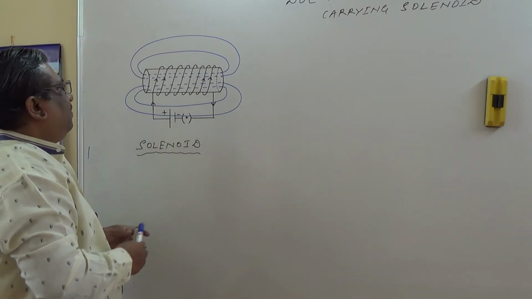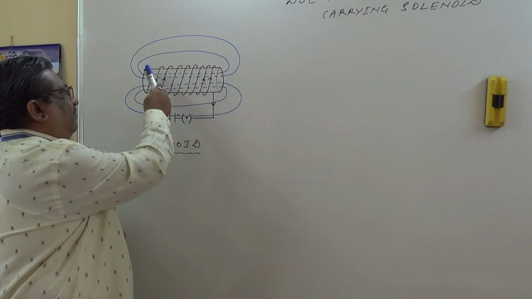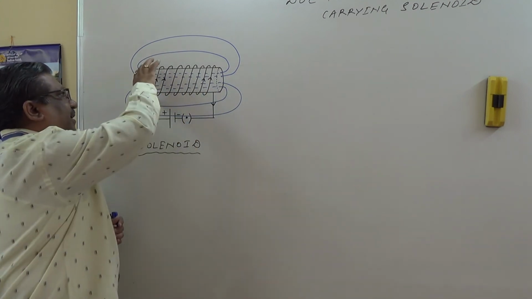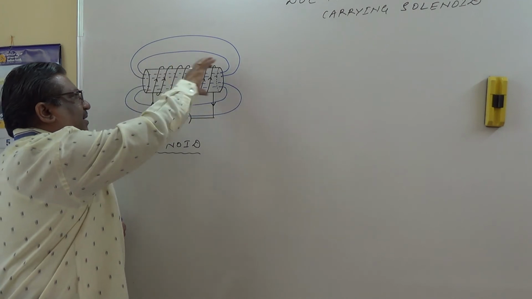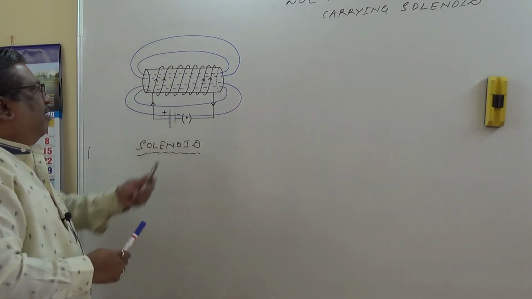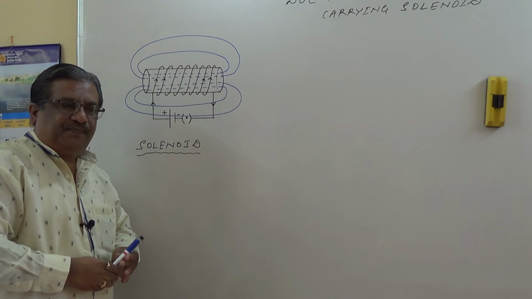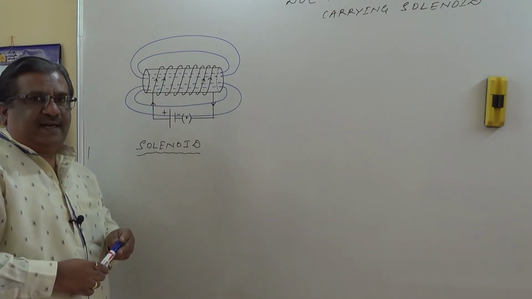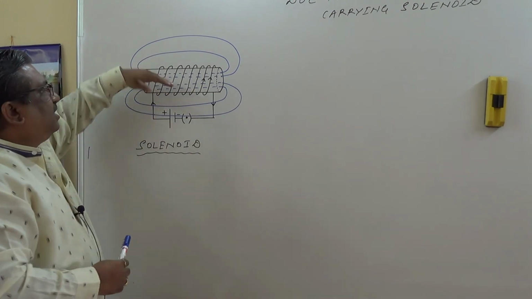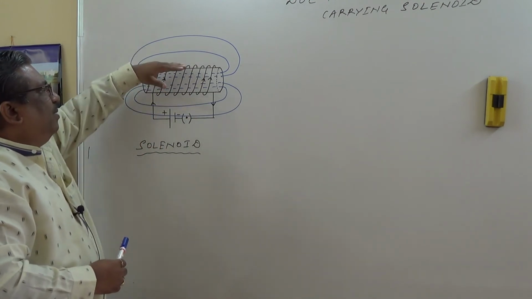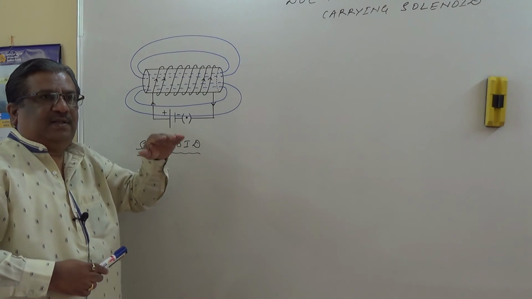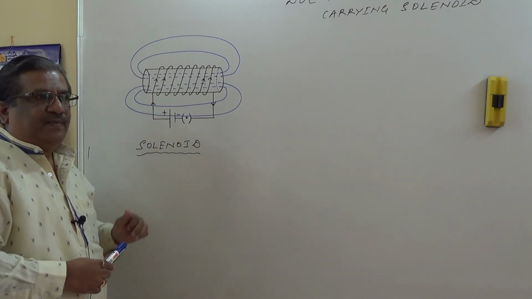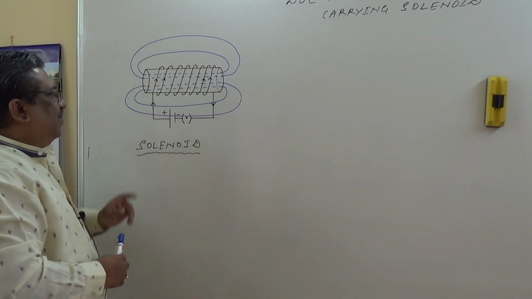Before that, the field lines inside the solenoid, inside this assembly, are almost parallel to each other, meaning the field strength is uniform inside the solenoid. Externally, if we move away from the solenoid, the field strength decreases. That is one characteristic which you must know.